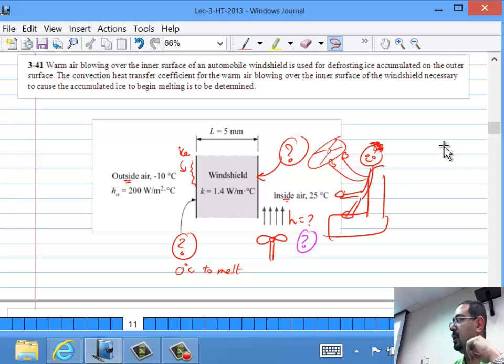So in this problem, there are three resistances also.